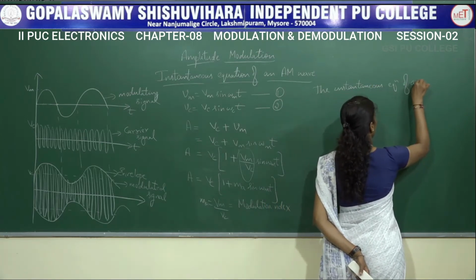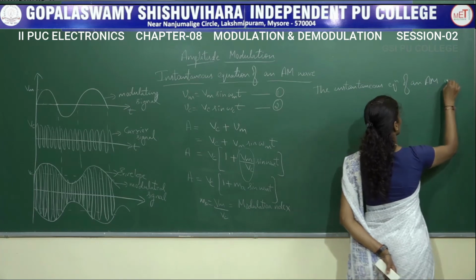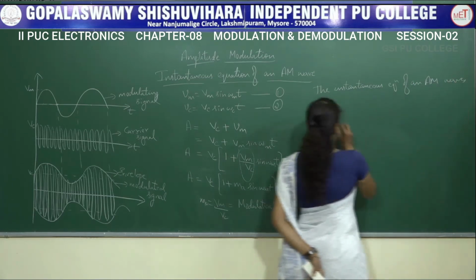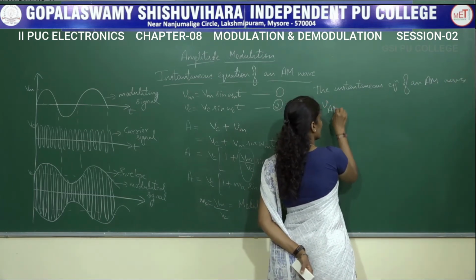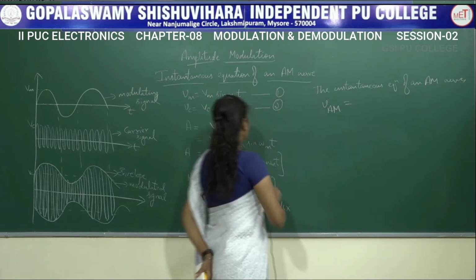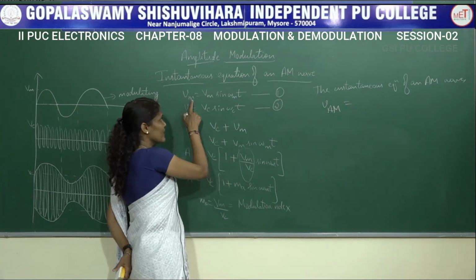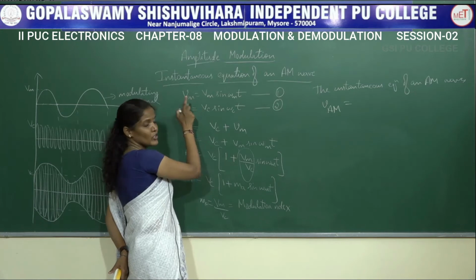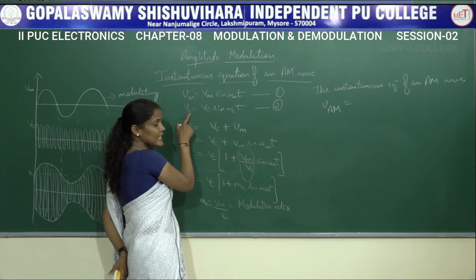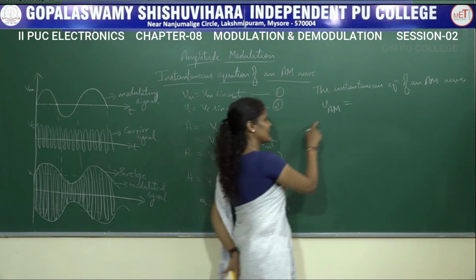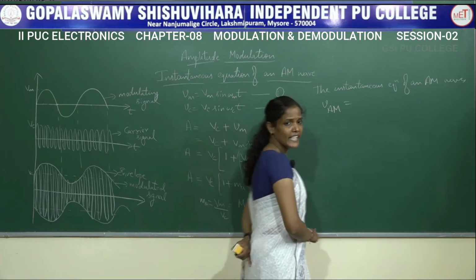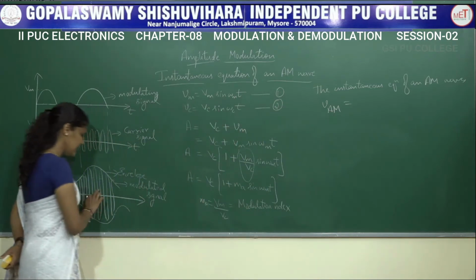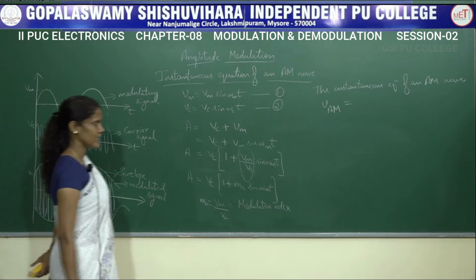But the instantaneous equation of an AM wave can be written as, let me denote that by small letter VAM. Small letter Vm stands for the instantaneous equation of the modulating signal, and this is the instantaneous equation of a carrier signal, whereas this is the instantaneous equation of the new signal, that is the amplitude modulated signal.